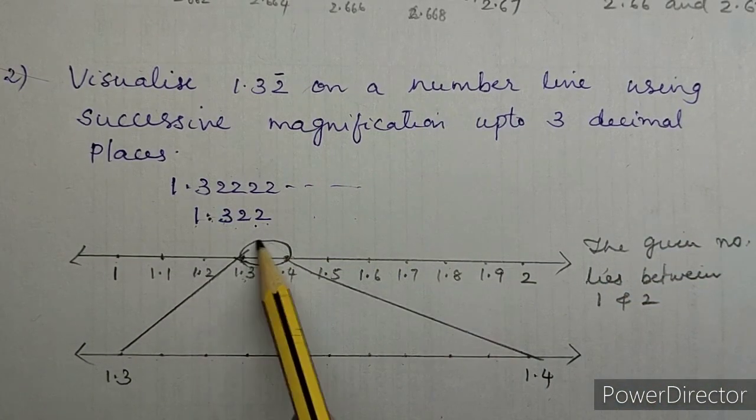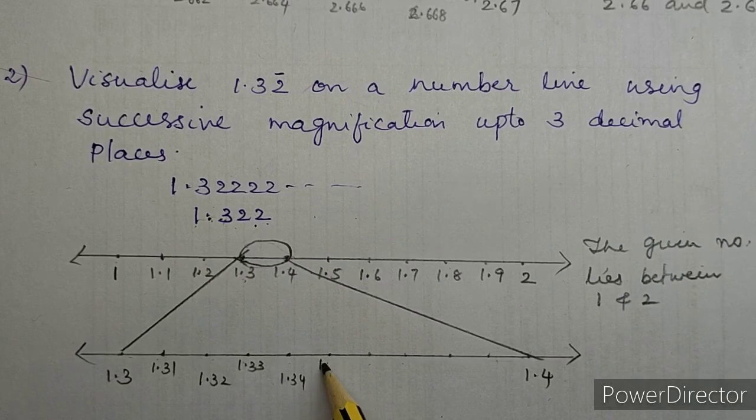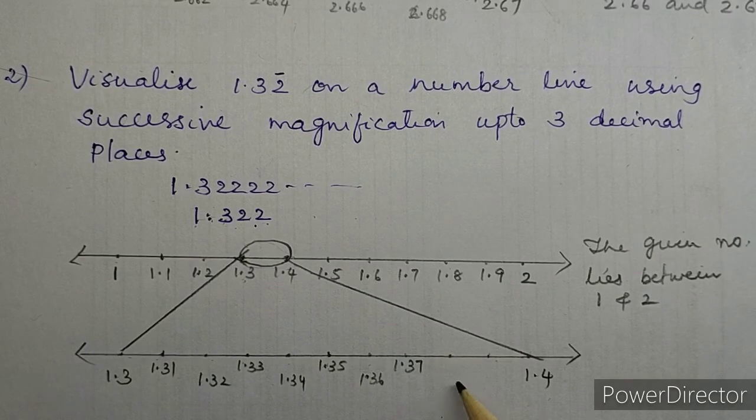So this shows only this part you have magnified. Here the first point denotes 1.31. The next point denotes 1.32, 1.33, 1.34, 1.35, middle point 1.36, 1.37, 1.38 and 1.39 last. The next one is 1.4.